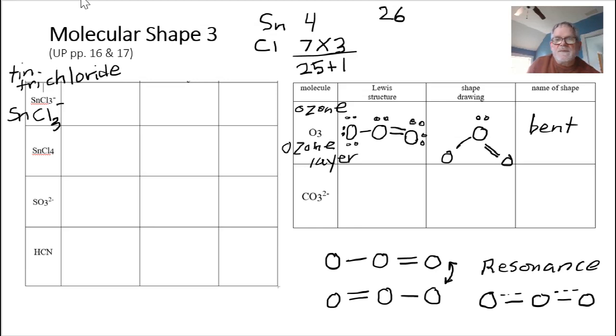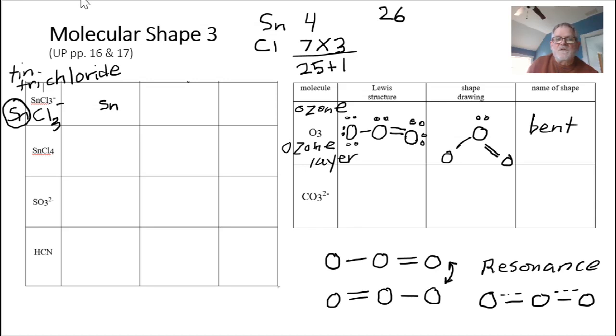So the next step, we have to use the Lewis dot structure to determine the two-dimensional shape of this molecule. So what I'm going to do is I'm going to take the first atom and I'm going to put it in the center. Then you're going to use single bonds to predict the shape of this.